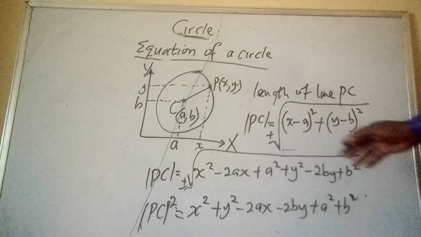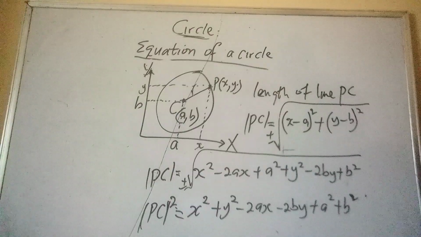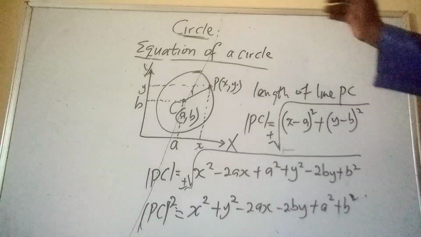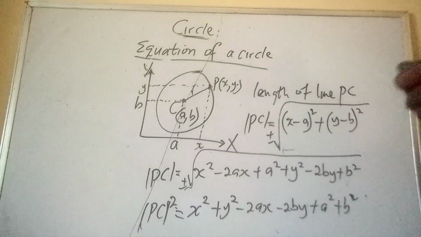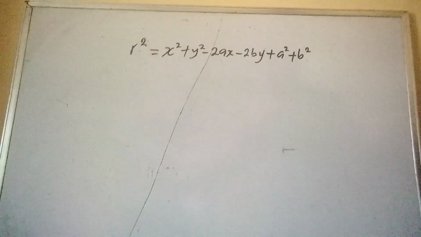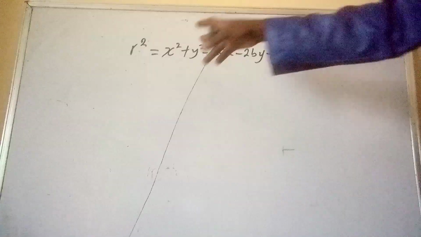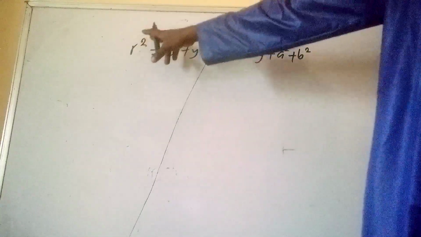Do not forget that line PC represents what? Radius. So definitely the radius of the circle can be written as follows. Alright, now this is the radius squared equals to.